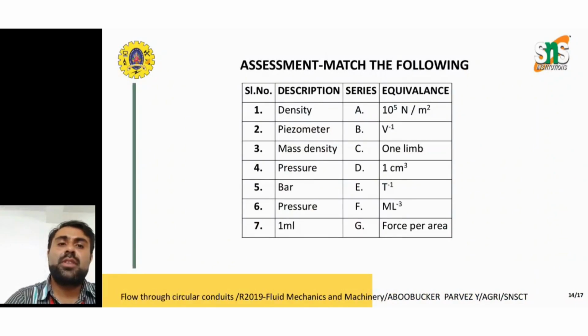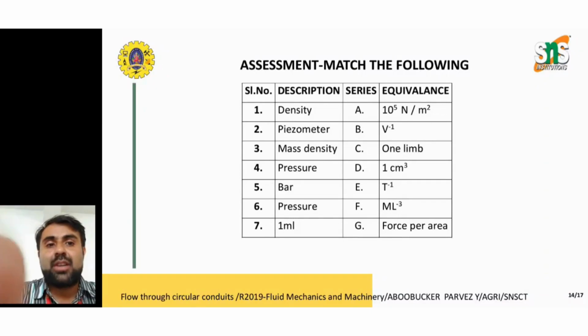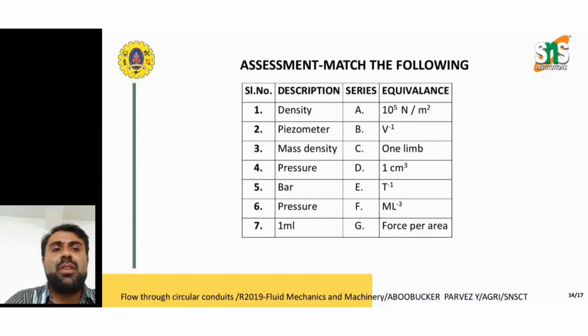And I have given seven parameters like density, piezometer, mass density, pressure, the bar and one milli. For example, for density, the parameter like kg per meter cube is converted in terms of MLT, dimensional analysis, which you'll be seeing in your third unit.